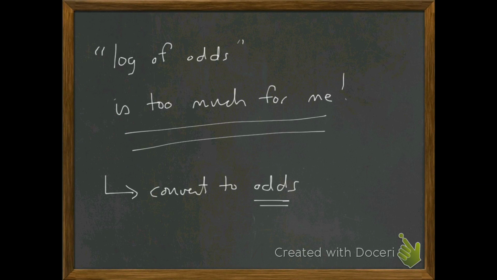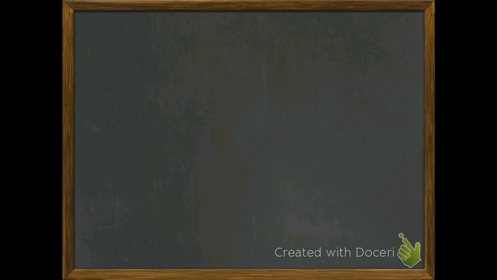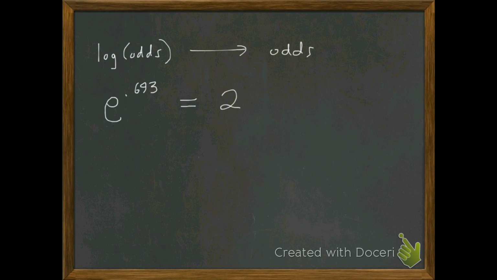Well, it turns out that all we have to do to get from log odds to odds is exponentiate. So, guys, if I take e to the 0.693, what do I get? 2.